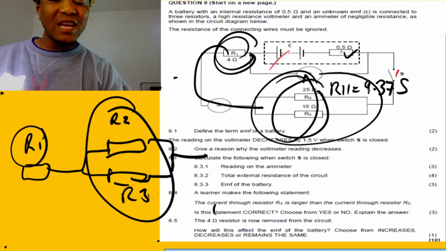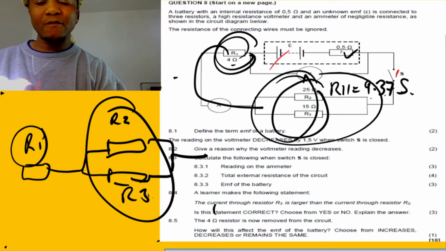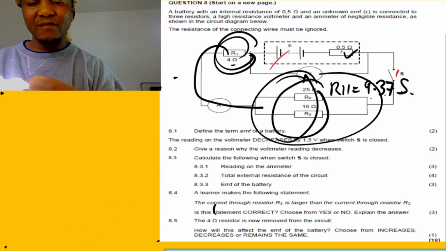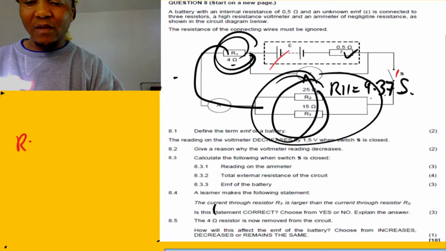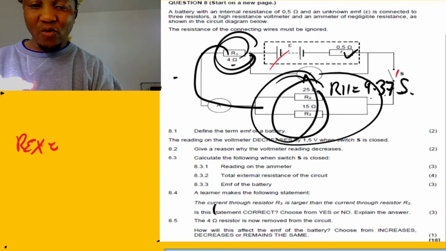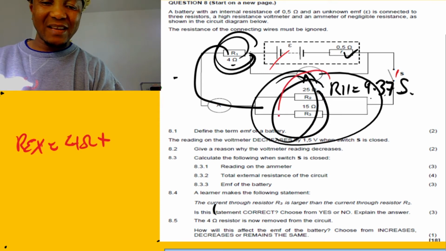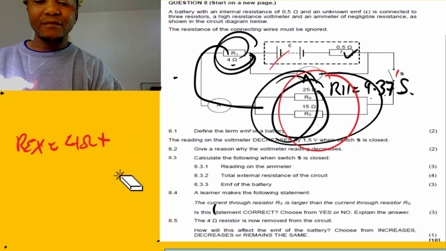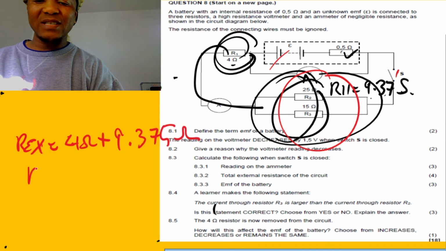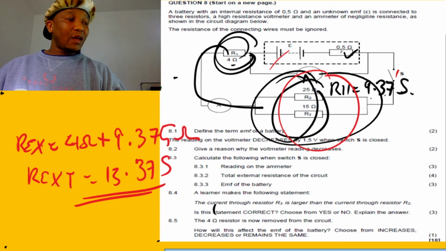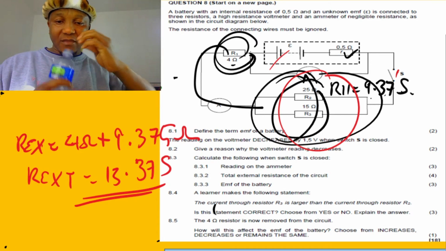So I'll say resistor total, resistor external, that's what they're looking for, equals 4 ohm plus 9.375 ohm. So the total external resistor is 13.375. Okay, cool. Now we got that one.